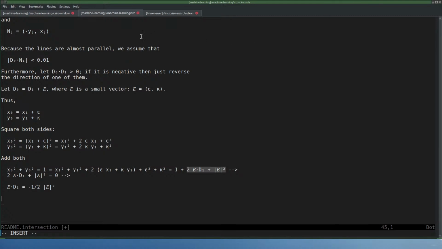And if you rotate stuff, then those epsilon and kappas change, but the length doesn't change. This is invariant under rotation. Epsilon and kappa are not. So anything that changes when you rotate stuff is something that you want to stay away from. So I think I'll have to work with this one. It's much better.